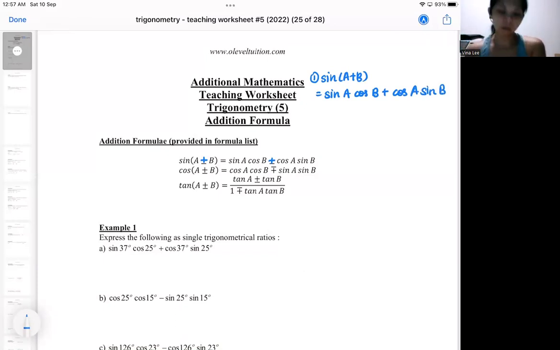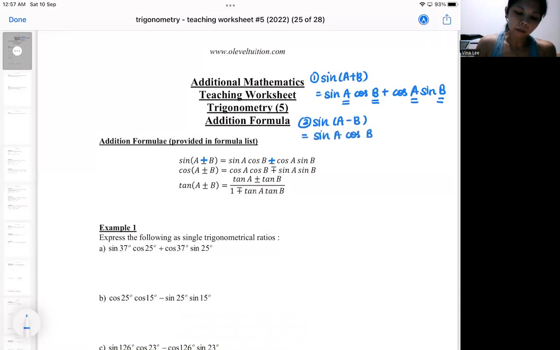So sine cos cos sine, and the angles are in order A B. If it's a subtraction, it will be sine cos cos sine, but with a subtraction.